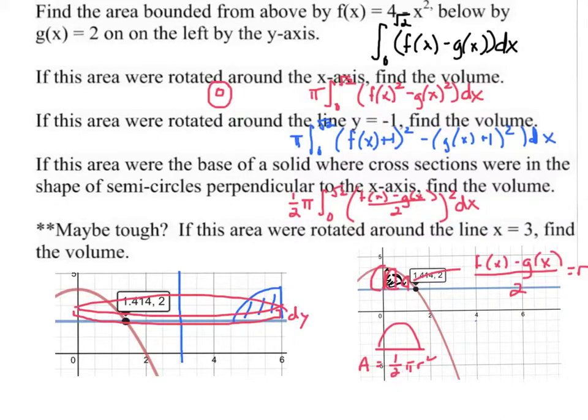So I guess the first thing I would notice is that the big radius is just 3. So we'd have our pi, we'd integrate. Big radius would just be 3. Minus, so 3 squared, pi r squared. The little radius, so this distance right here, well, we're going to need to solve 4 minus x squared; we're going to need to get an x equals out of that.